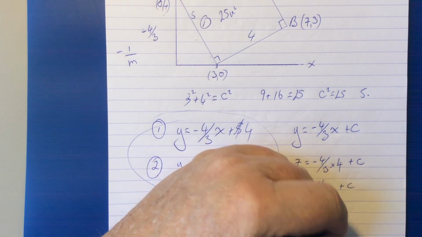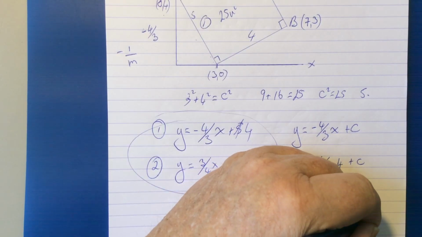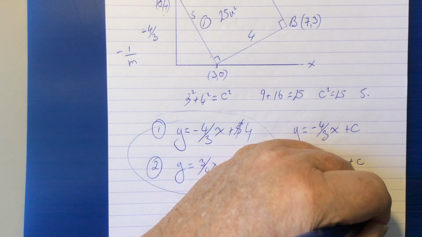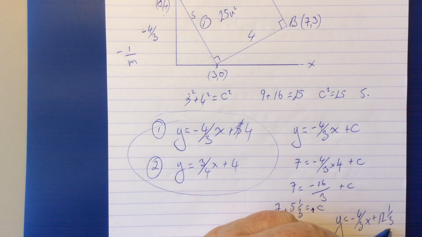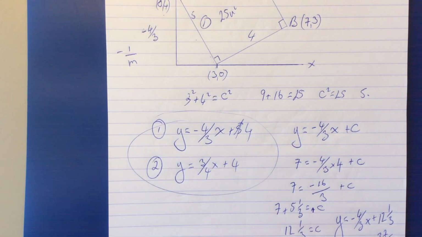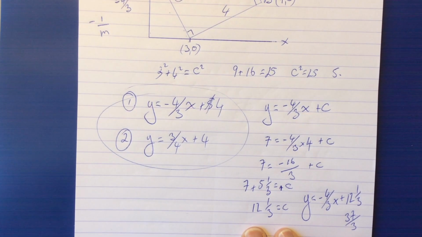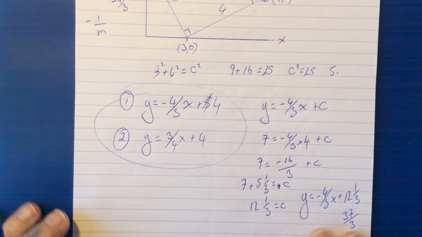So our equation is y equals negative 4 on 3 x plus 12 1/3. You could write that as 37 over 3, if you like the symmetry of fractions. So that is that, 12 1/3, 37 over 3.